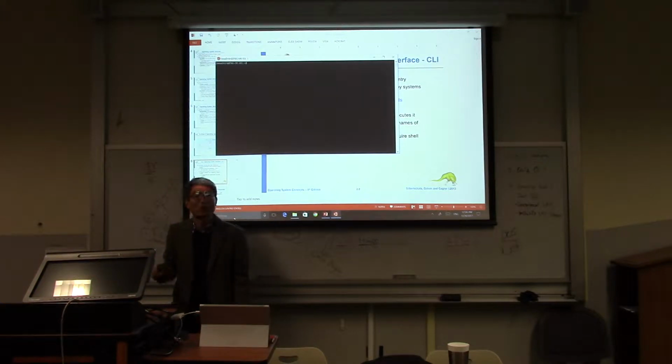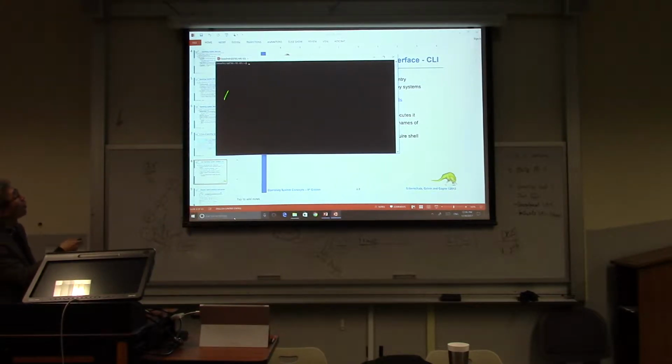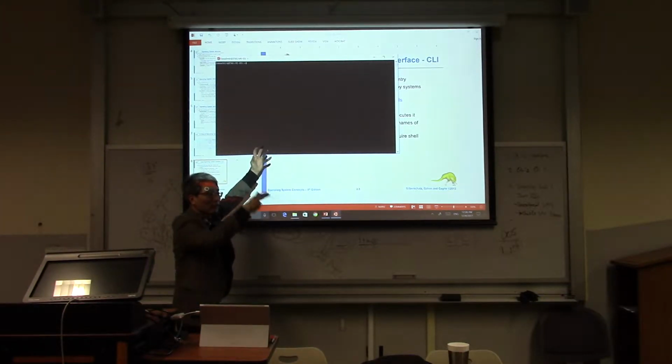macOS uses the BSD Linux system, but you can change it if you want. But this one is the most popular one. Microsoft went back to the command line. That doesn't mean it's two different operating systems. MS-DOS is totally different from Windows, but this one is actually integrated.